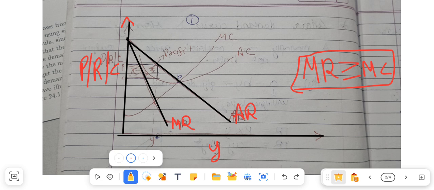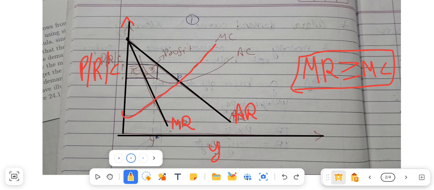You can draw it like this, or you can simply make a straight line. It's your choice, but it's convenient for me to draw like this only.